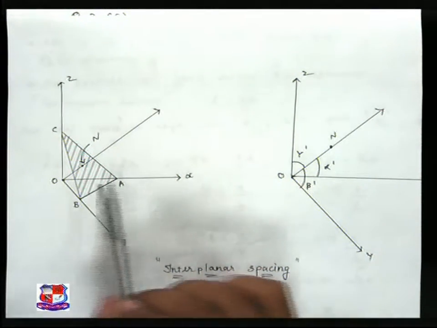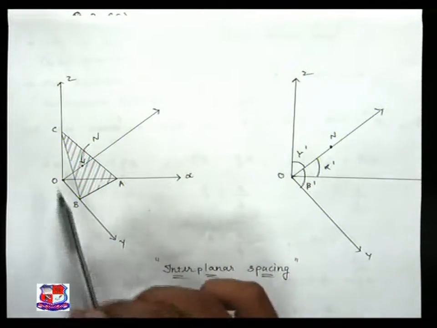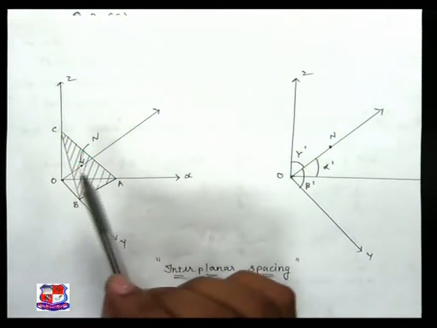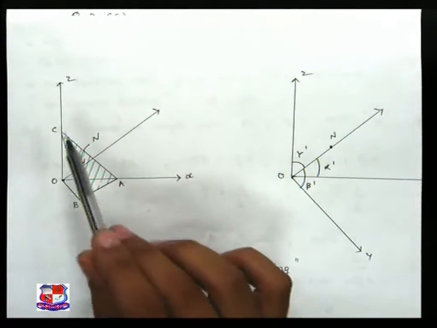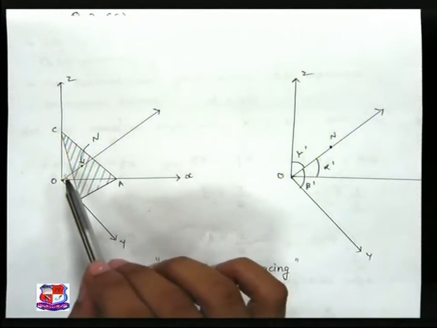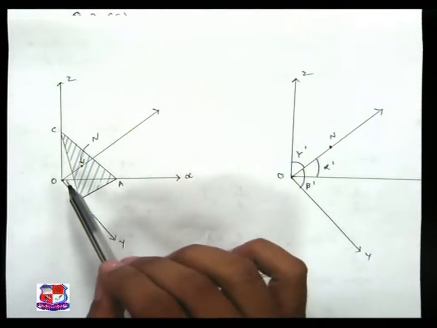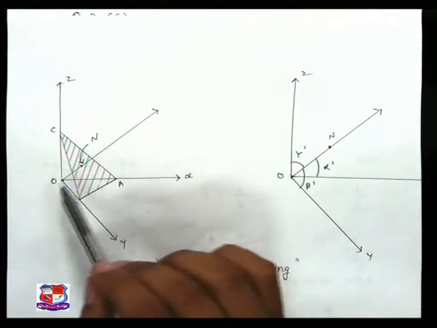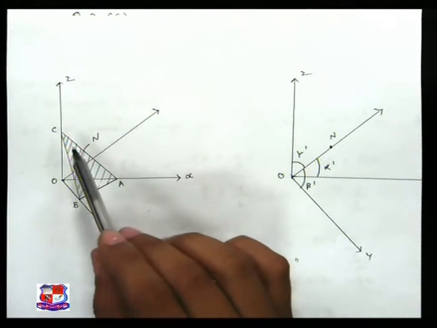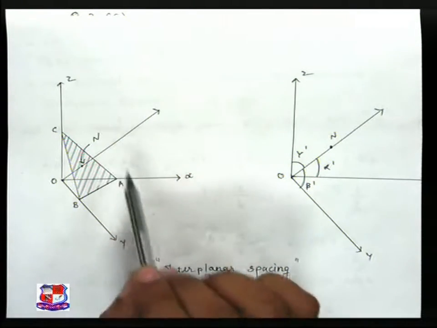This is the x coordinate, this is the y coordinate, and this is the z coordinate. The triangle ABC you are seeing is with respect to this origin O. Just observe this line from O which passes perpendicularly through the plane ABC.